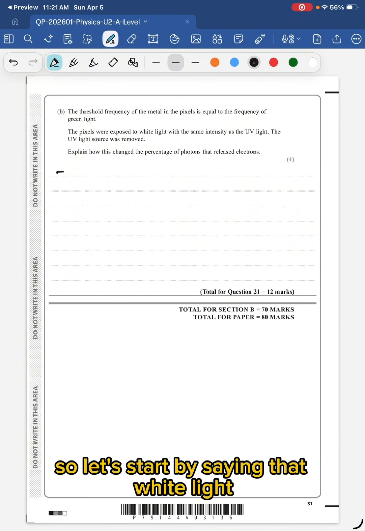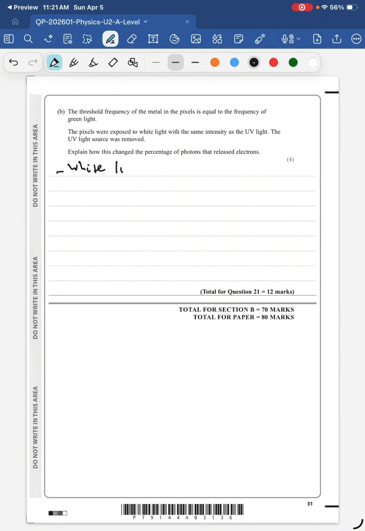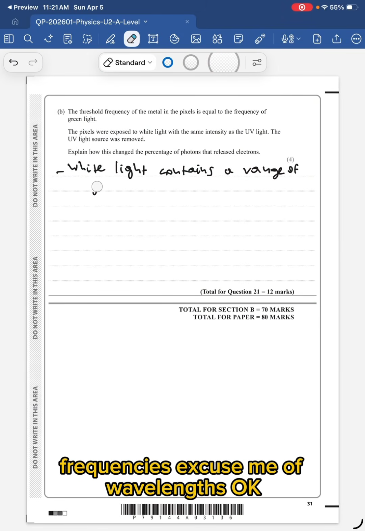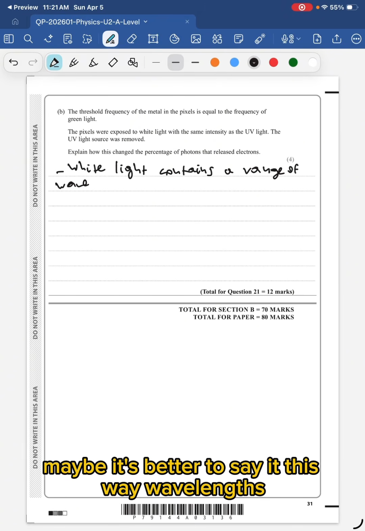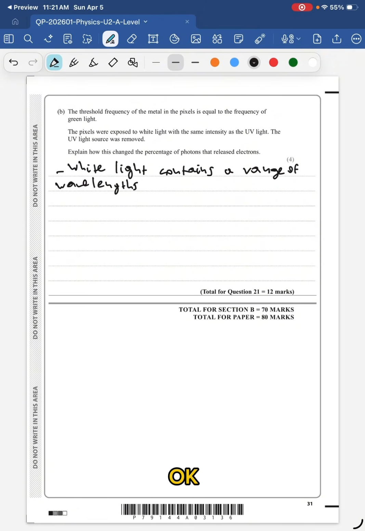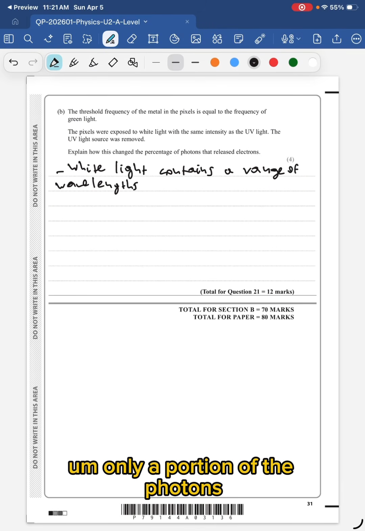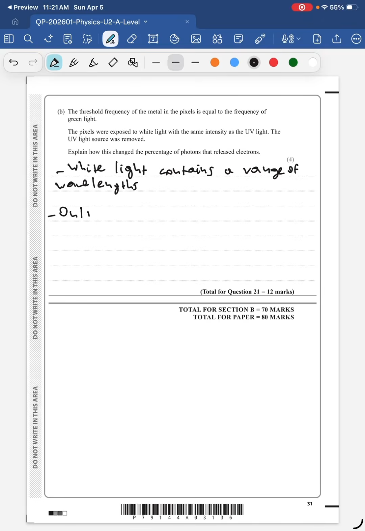So let's start by saying that white light contains a range of wavelengths.